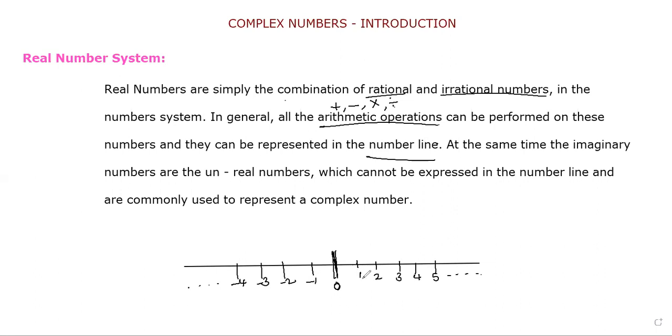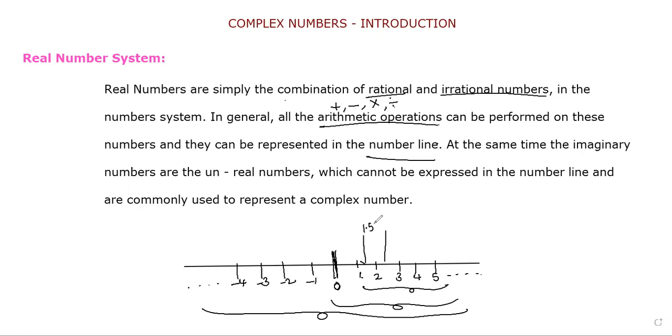In the number line, we represent natural numbers, whole numbers, integers, and also rational numbers. Here, the number in between 1 and 2 is 1.5. 1.5 is nothing but 3/2. 3/2 is a rational number. Every rational number is in the form of p by q, where q is not equal to 0.